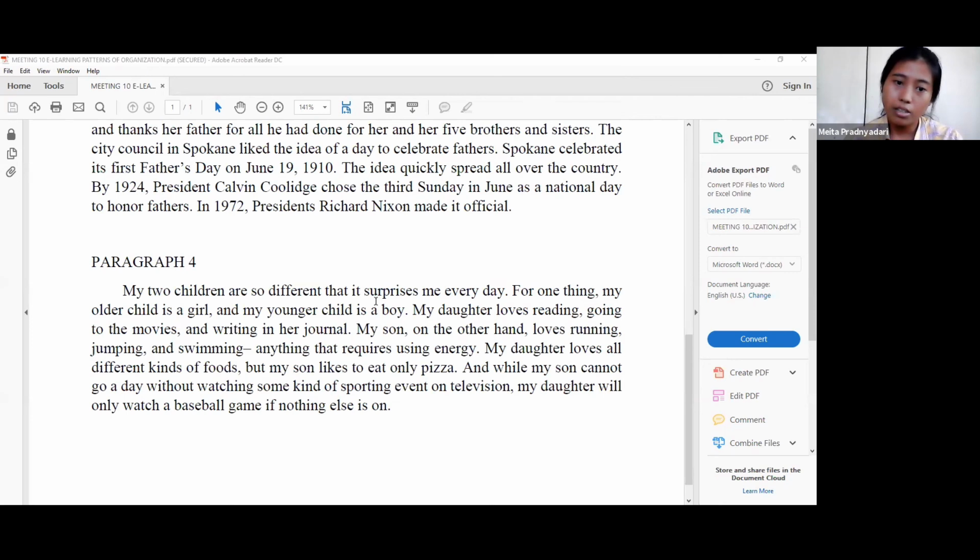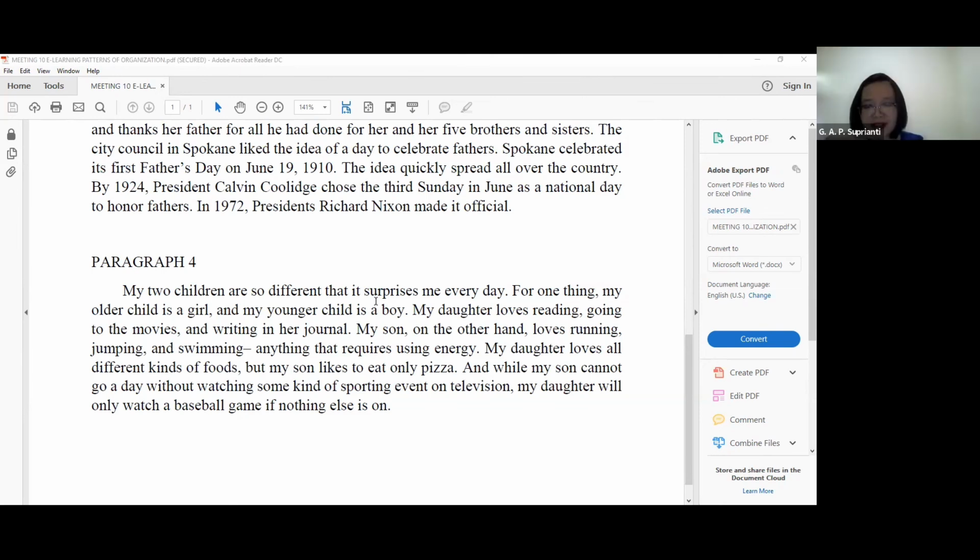Contrast the writer, child, Miss. The writer? Children. Yeah, because the writer has two children. One is a girl and one is a boy. Okay, so do you think this is also comparing or only contrasting or both, Meta? Only contrast, Miss.